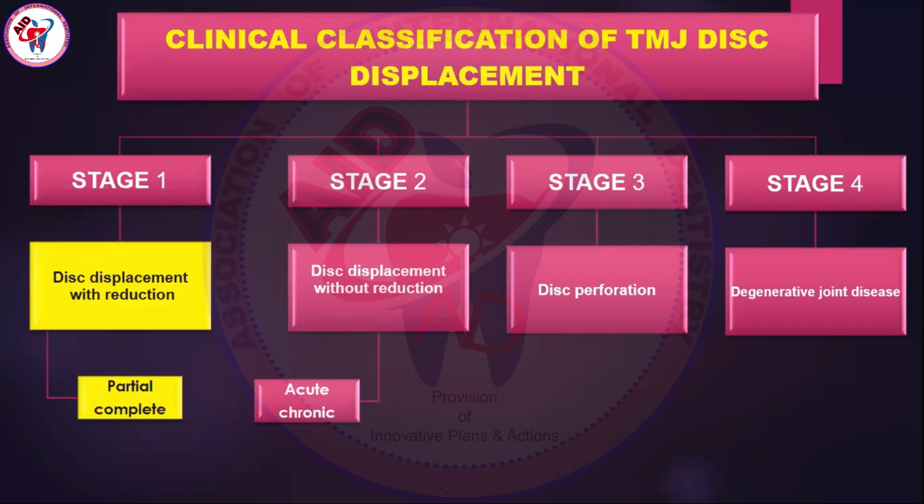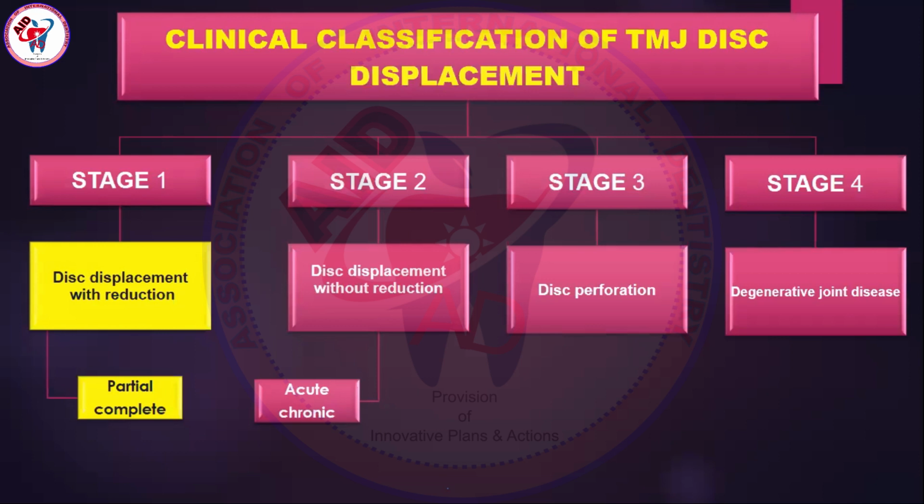Now in stage 1, that is the disc displacement with reduction. What does reduction mean? Reduction means that the disc comes back to the joint. Whenever the disc comes back to the joint, we say it is reduced. So in the first stage, there is disc displacement, but with reduction.